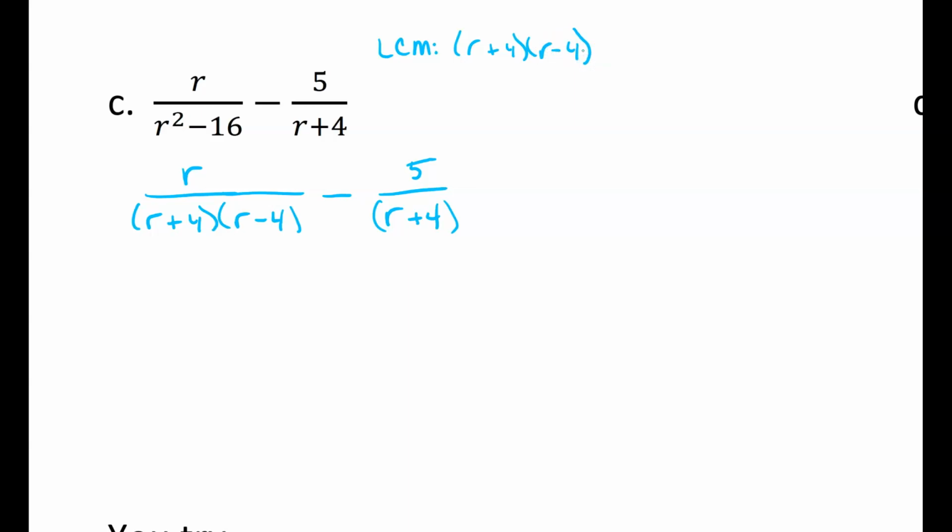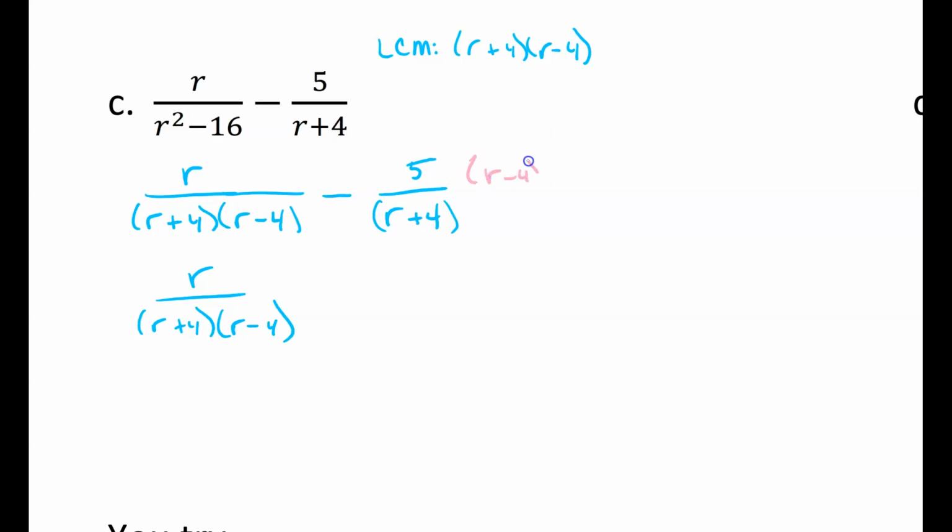All right. So that's nice for the first one because do we have to introduce anything into the first term? No, that one's already set, so we'll leave that as an r over r plus 4, r minus 4. What do we need to introduce to the second term? R minus 4.